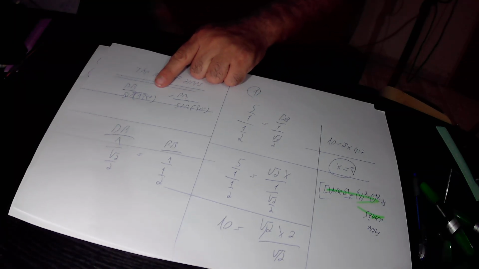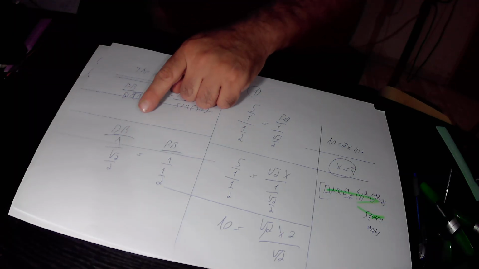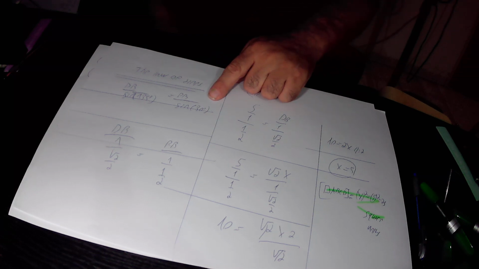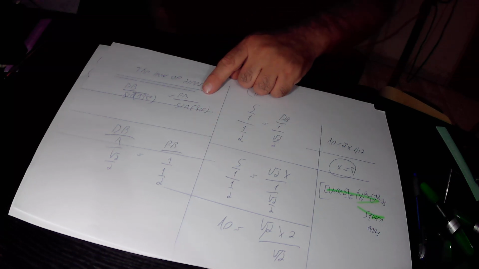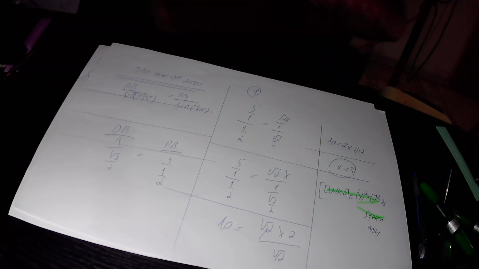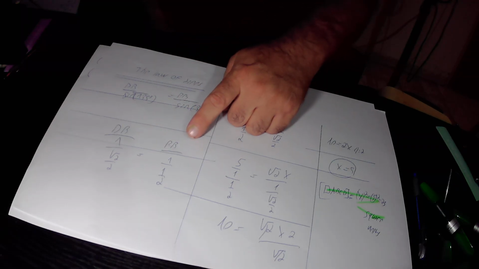Sin 135 degrees is square root of 2 over 2, so this expression equals DB over square root of 2 over 2, and sin 30 degrees is 1 half. So in total, DB over square root of 2 over 2 equals PB over 1 half.